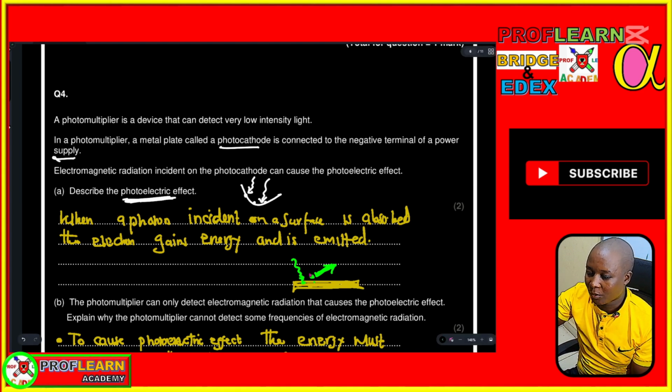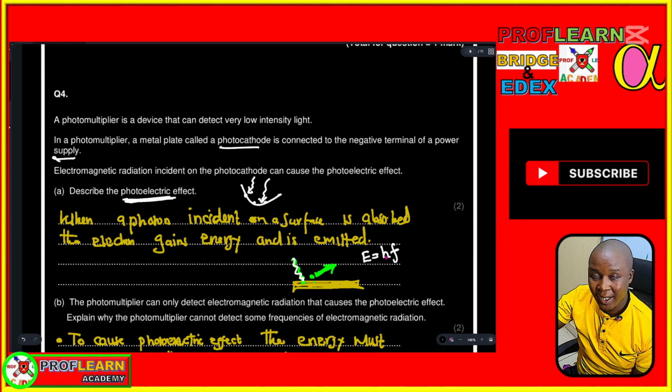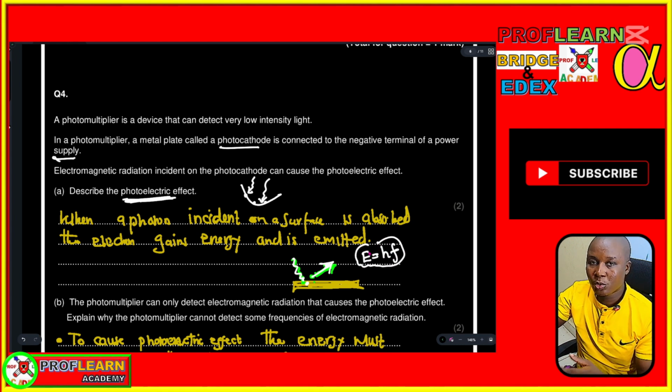So basically that's what I'm trying to illustrate here, that we have a radiation and the radiation has energy, and the energy of a radiation is usually hf, Planck's constant times the frequency of that radiation. If the energy supplied by this radiation is more than the work function, then that electron is going to be dislodged and it will move away at a given speed. So part of the energy of the photon will be used to dislodge the electron.